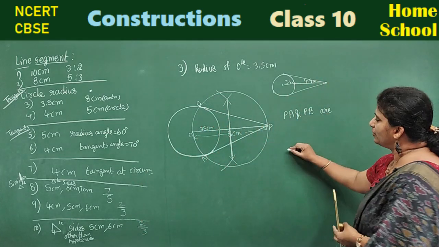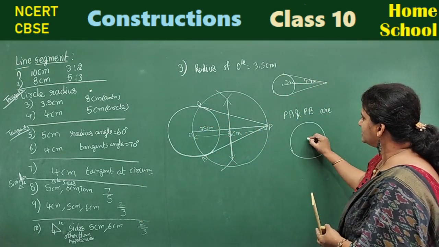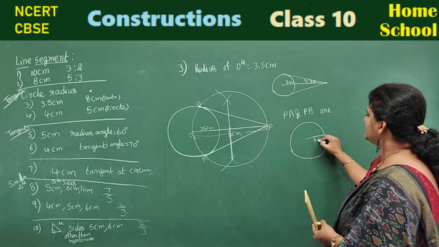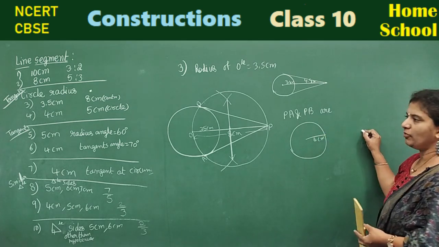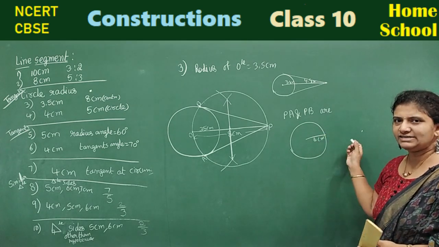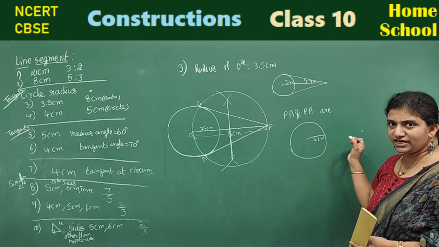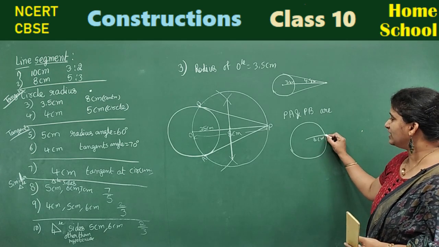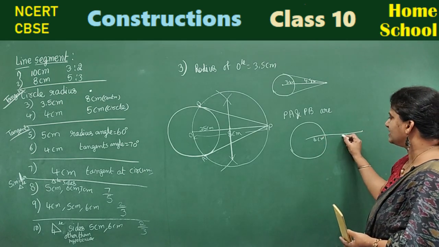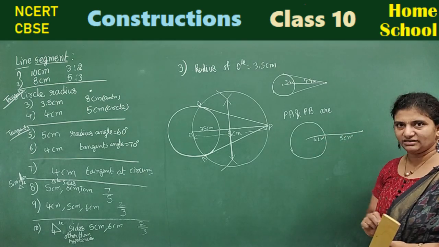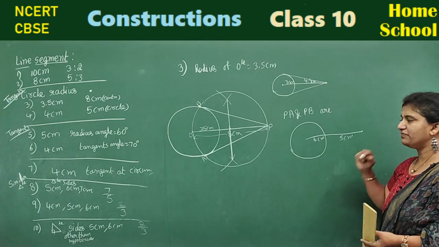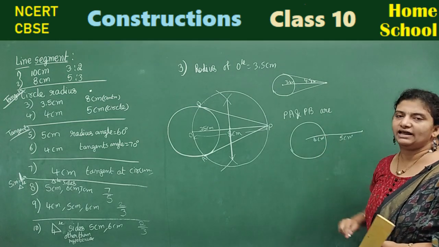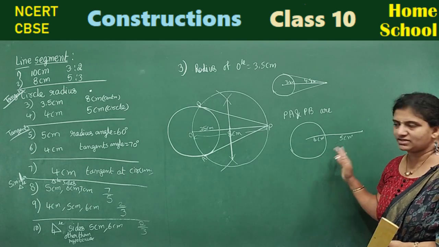That means you can see here the circle radius is 4 centimeters. The external point is 5 centimeters away from the circle. Means what is this length? 5 centimeters. 4 plus 5, total line segment length is 9 centimeters.